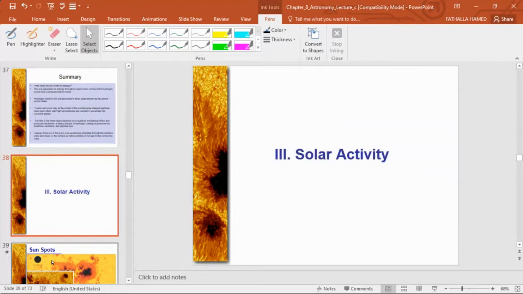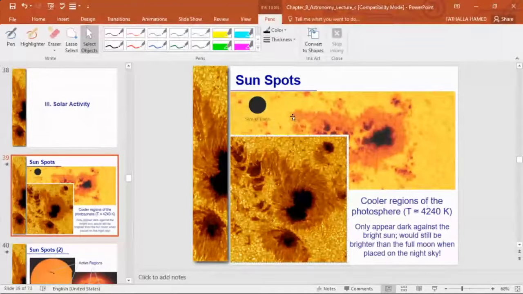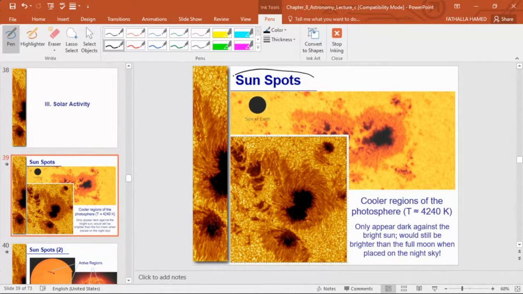Now, then we're going to look at the solar activity. And the first thing that we're going to look at is sunspots, because we see them on the surface of the sun. So why do we see these sunspots?